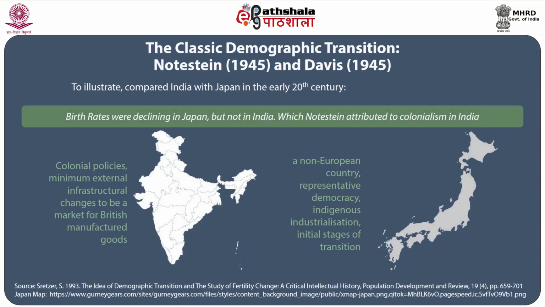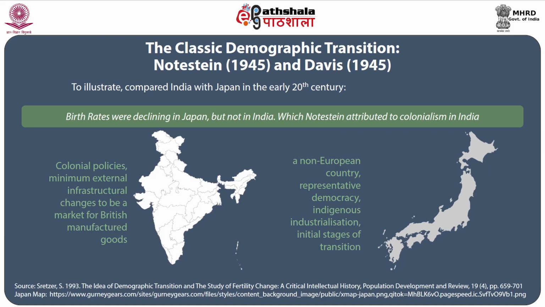To illustrate, I am presenting two countries here, one is India and the other is Japan. He drew a comparison of India with Japan in the early 20th century. According to Notestein, in India there were colonial policies, minimum external infrastructural changes to be a market for British manufactured goods and extraction of raw materials.